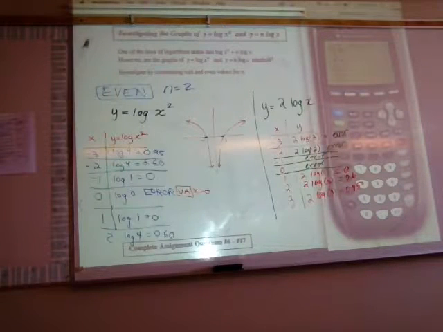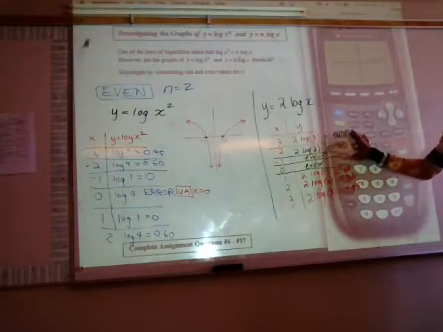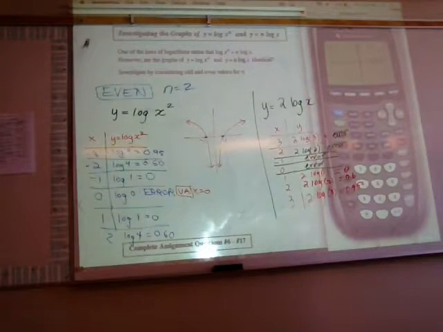Okay, so 2 log x. Plug that in. Let's see what that looks like. It's only one side. And why is that? Because we have all these errors at 0 and anything negative. So I think it's useful to draw this graph.